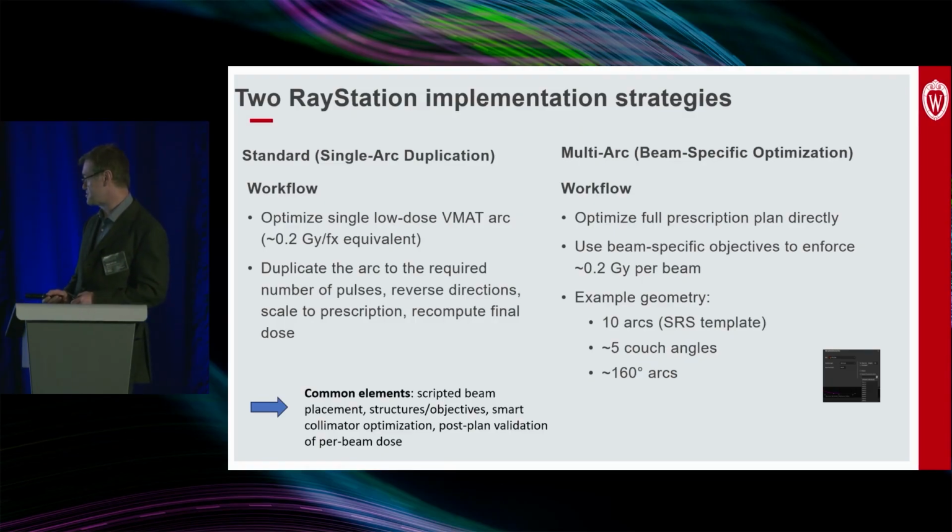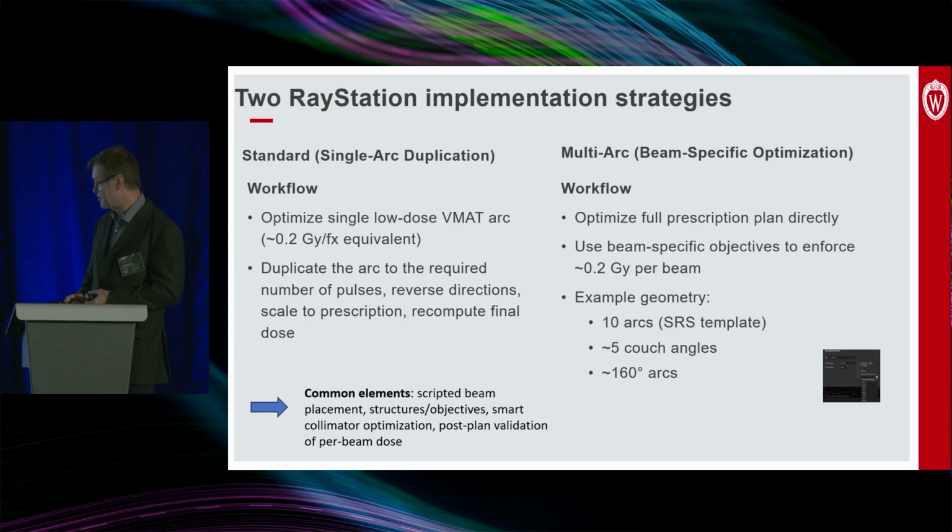And so the example geometry that I've chosen just for the demonstration here is a 10-arc SRS template. This is the configuration that we would normally use for an SRS treatment with 5 different couch angles and pretty large arcs. The common elements of both of these 2 different strategies that I'll be showing you here are scripted beam placement, scripted structures, objectives, and scripted smart arc collimator. So I cheat and flip it to a 3D plan, get smart arc collimation from it, and then flip it back to VMAT.